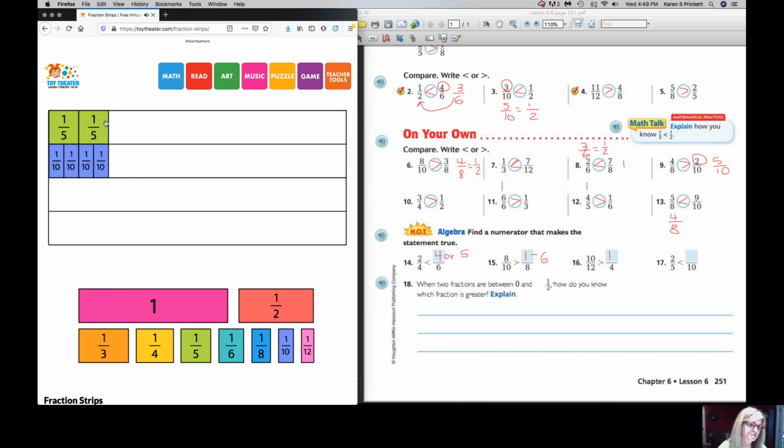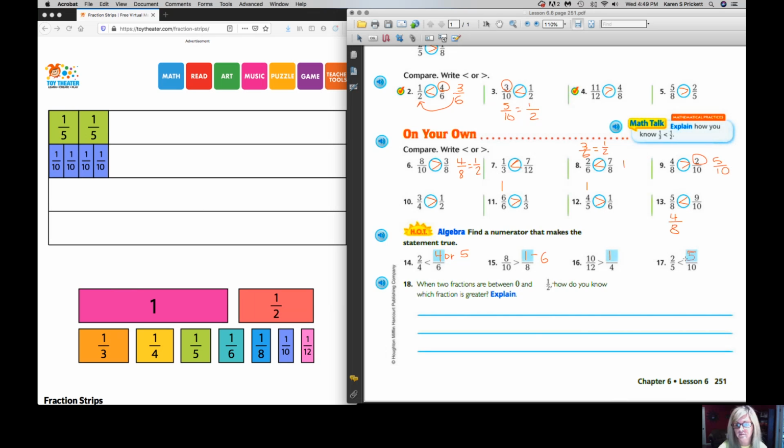So 4/10 is equivalent to 2/5. Okay, so anything above that, so this could be any number 5 through 9, would be greater than 2/5, which would mean that 2/5 is less than 5/10, 6/10, 7/10, 8/10, and even 9/10.